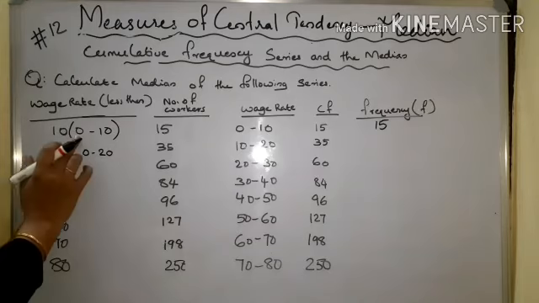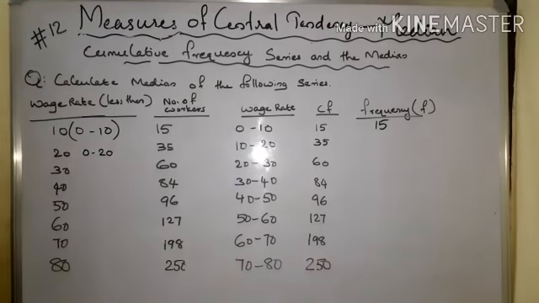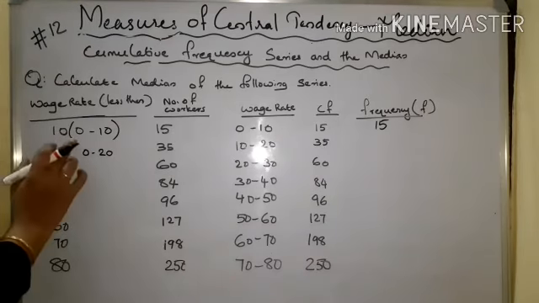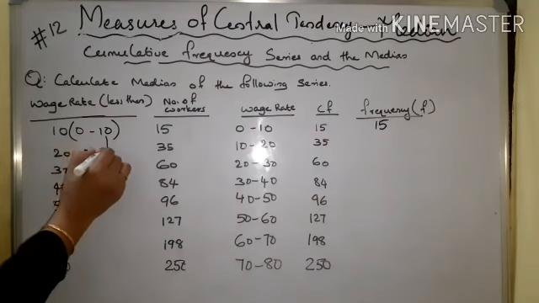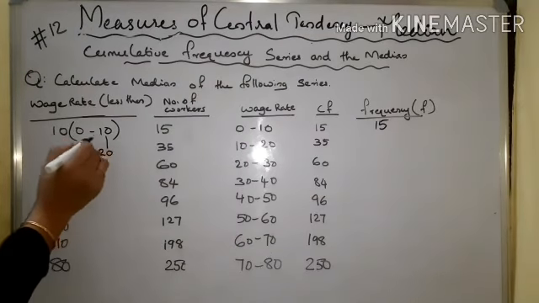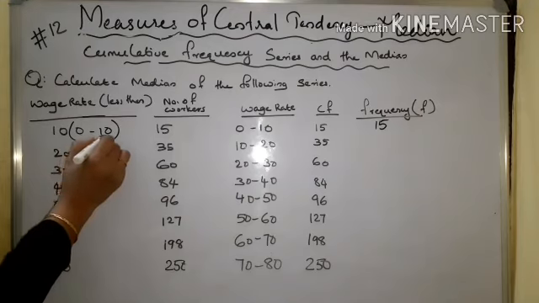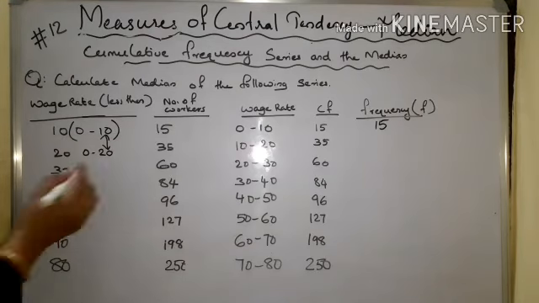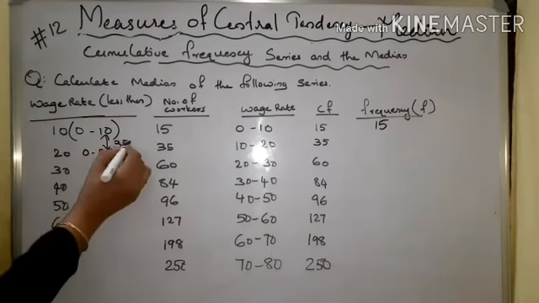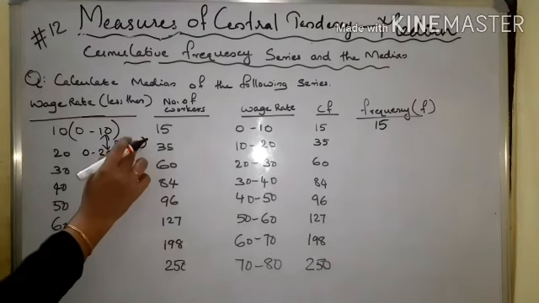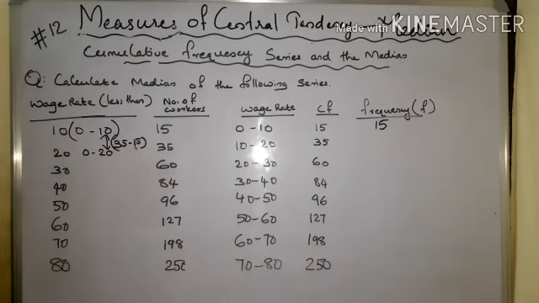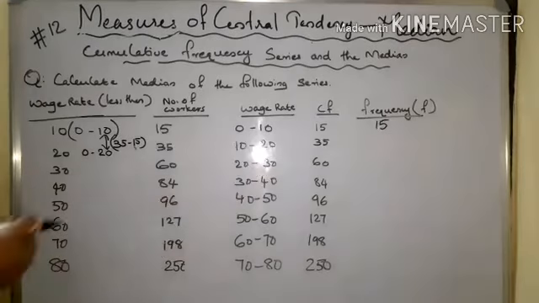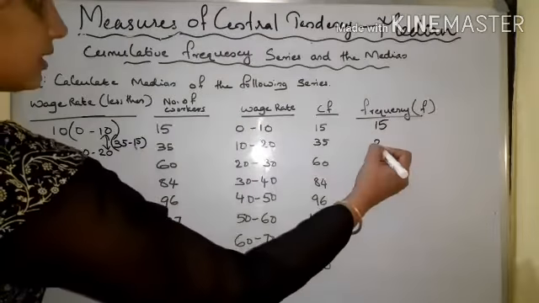We know the 0 to 10 frequency is 15. So 10 to 20 means 35 minus 15, which is equal to 20. So this frequency is 20.